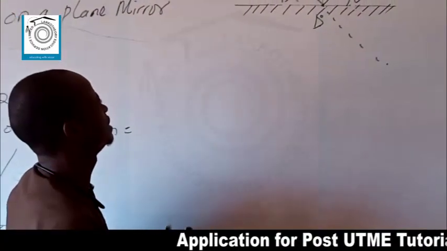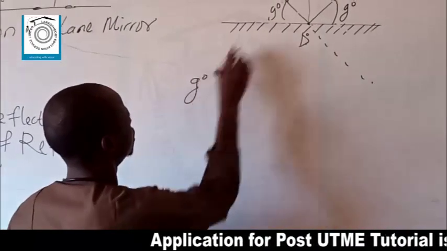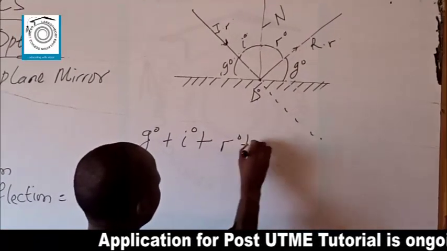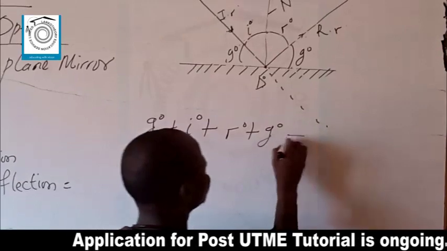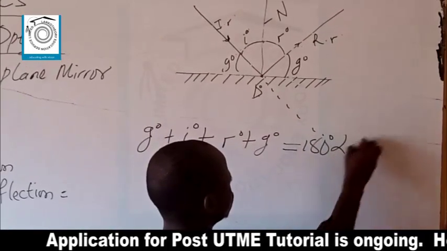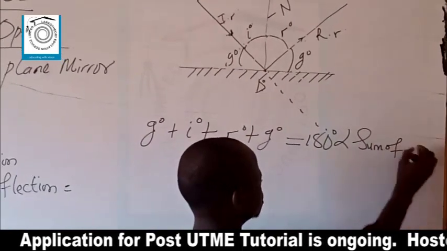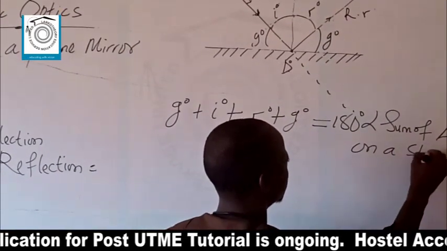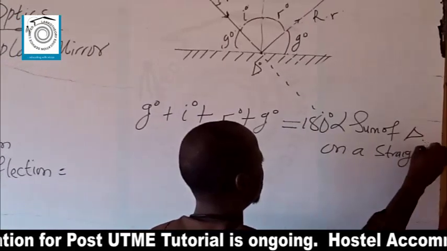So I can say G degree plus I degree plus R degree plus G degree equals 180 degrees. This is the sum of angles on a straight line.